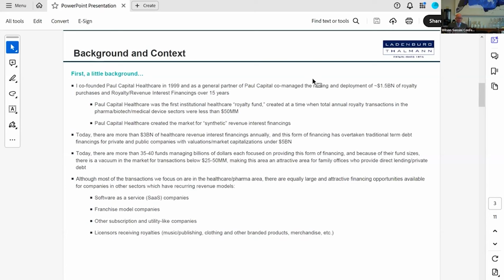And other licensors receiving royalties: music, publishing, clothing, branded products. For example, when LensCrafters sells Ralph Lauren glasses, Ralph Lauren is not making those glasses. LensCrafters has licensed the use of the name and the logo, and they pay a royalty to Ralph Lauren. Okay, next.